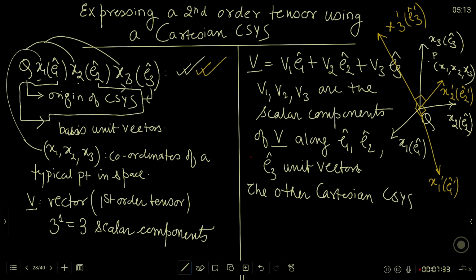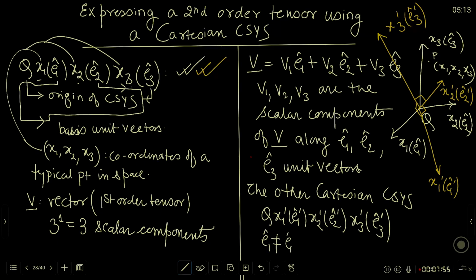It will be written as Q x1 prime e1 prime x2 prime e2 prime x3 prime e3 prime, where the basis unit vectors are now all primed, and in general we are saying that E1 is not the same as E1 prime. That's why I use this superscript prime to say that these are different.